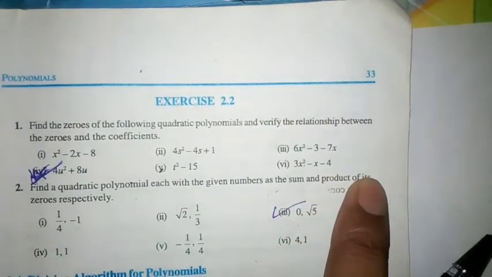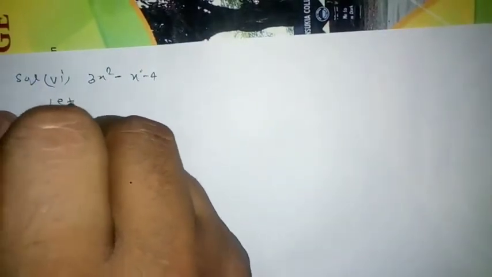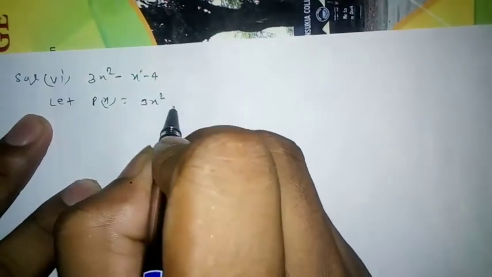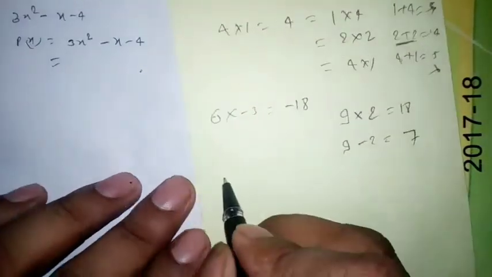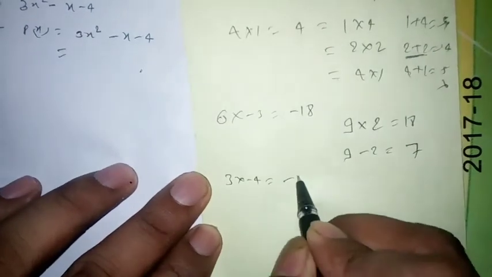3x square minus x minus 4. Let px is equal to 3x square minus x minus 4, now 3 into minus 4 is equal to minus 12.